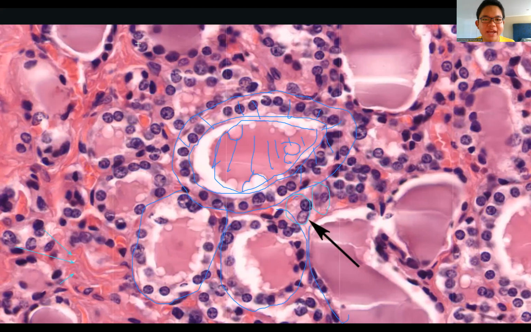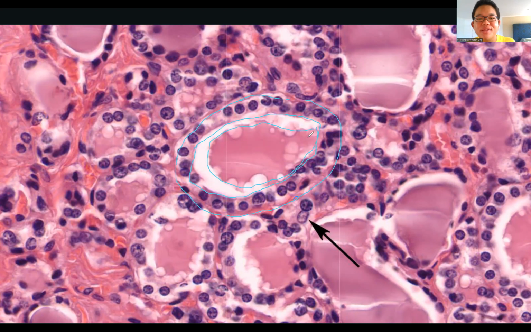Okay, let's review and recap the main structures of the thyroid gland. This whole round structure is known as the thyroid follicle. The thyroid follicle will be lined by follicular cells. These are follicular cells. And inside the lumen of the thyroid follicle, there is this homogeneous pink structure known as colloid.